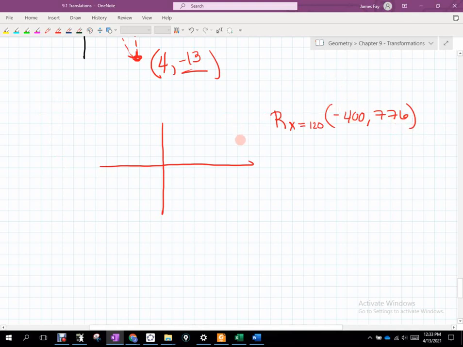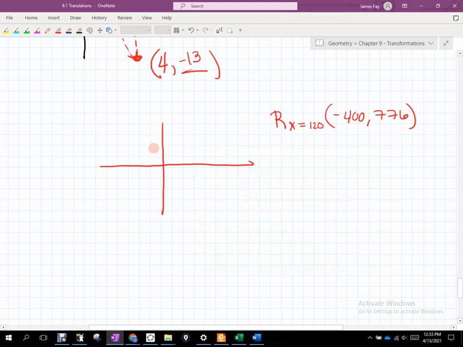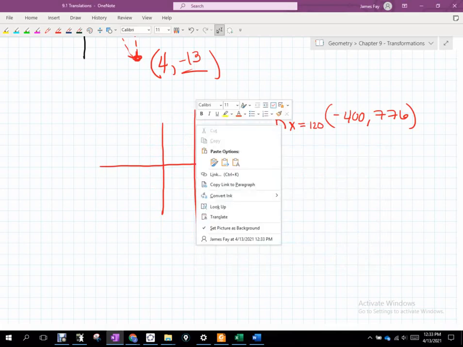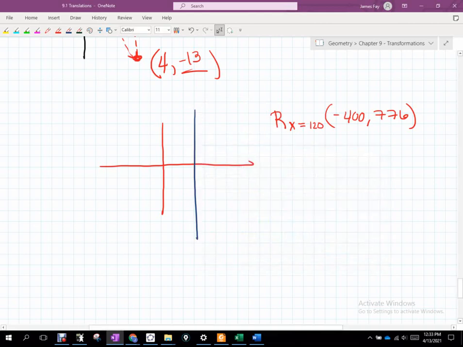So if I take x equals 120, that's going to be a vertical line on the right-hand side of the y-axis, right? It's going to pass through 120. So that line right there. That blue line is x equals 120.